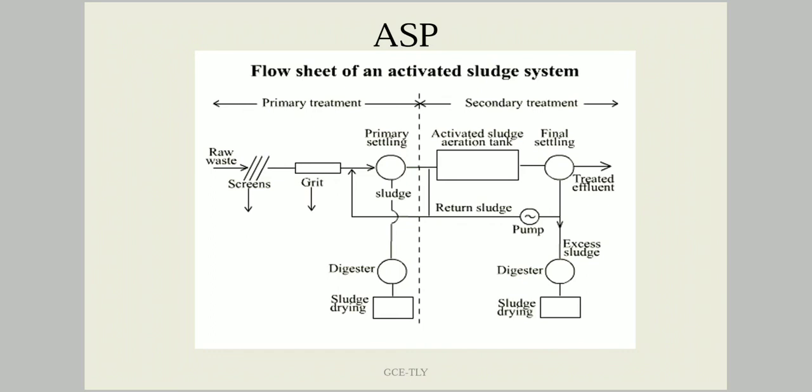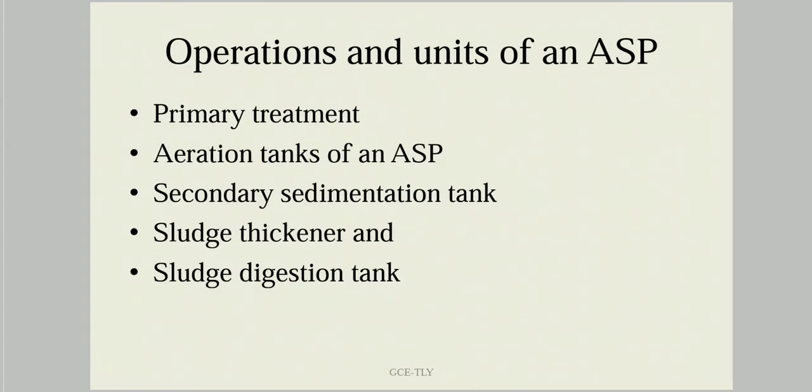The excess sludge is taken to the digester, while some amount of sludge is returned back to the activated sludge tank, where it undergoes further processing. This increases the efficiency of the process. The return activated sludge increases the bacterial feed, and also increases the efficiency.